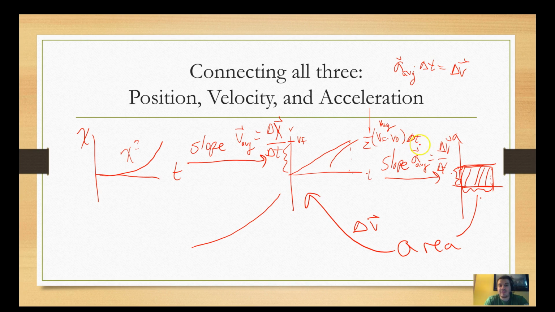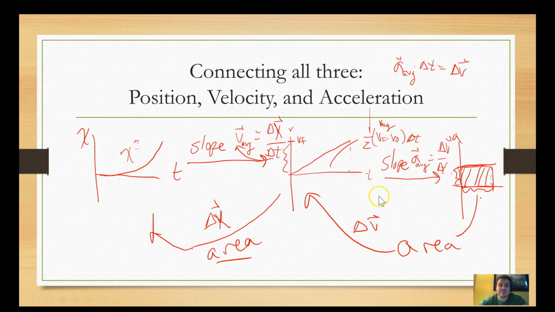So I'm multiplying time times v average, and that gives me the change in position, which could help me go back the other way to this previous graph. So that's how these three graphs are all connected. Slopes take you from position to velocity to acceleration. Area takes you back from acceleration to velocity to position, with one important caveat.